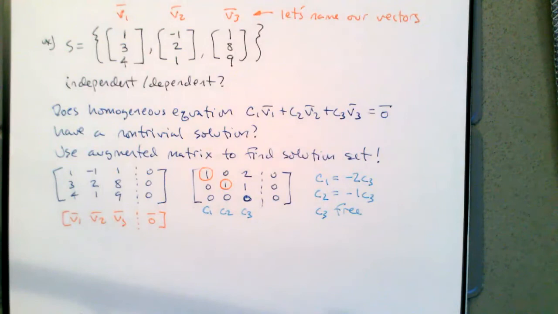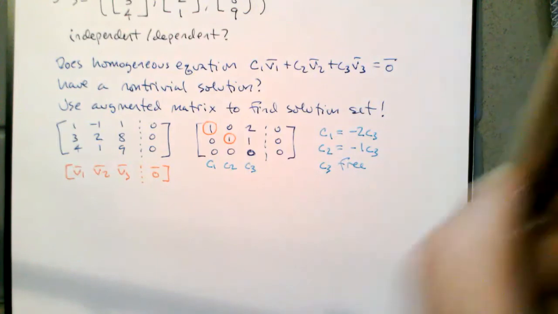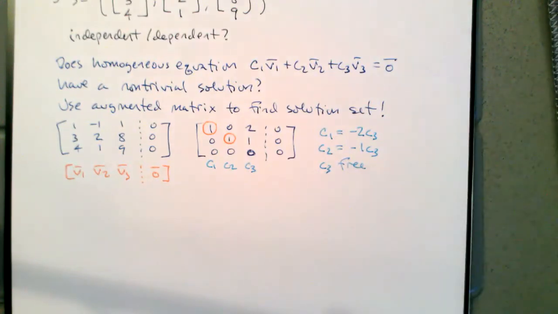What this means is that we have a non-trivial solution to this homogeneous equation. We see that C3 is a linear combination of C1 and C2. So the homogeneous equation has a non-trivial solution. Oh, I'm going to write the parametric vector form.